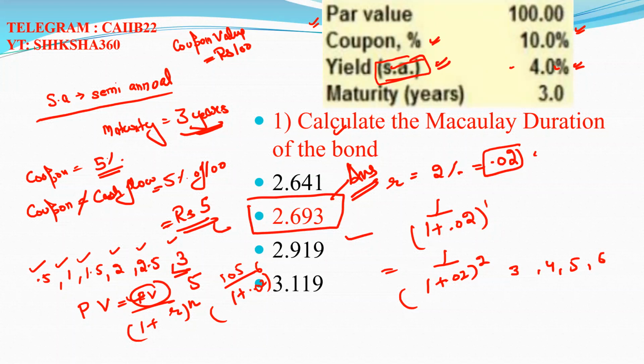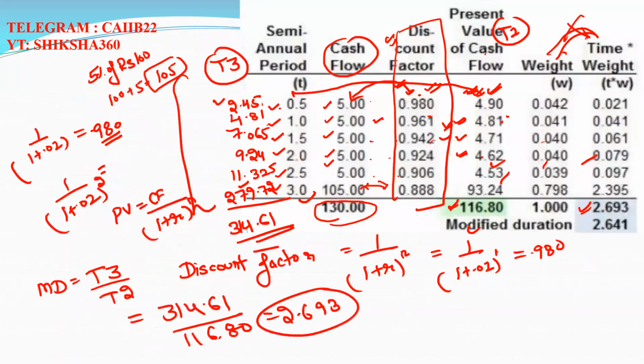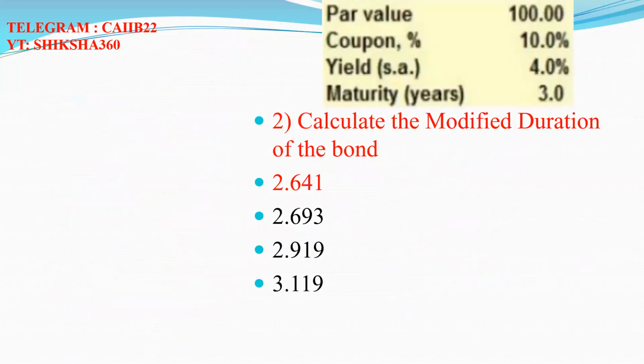Now the next question we have to understand is to calculate the modified duration. Very straightforward question. How to calculate the modified duration?